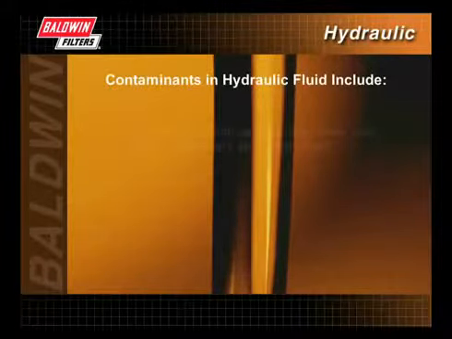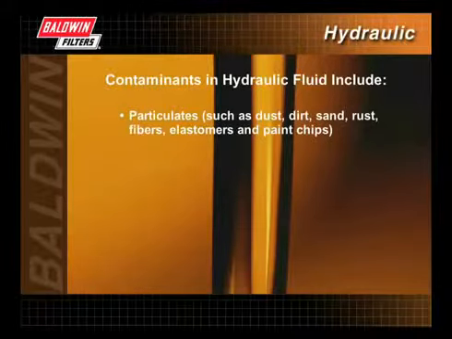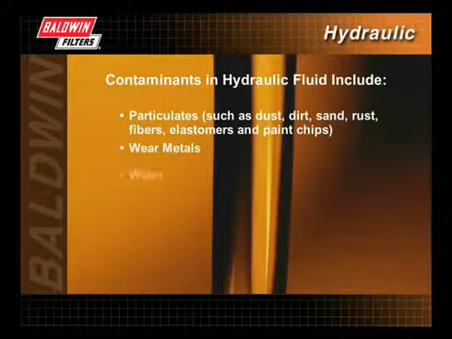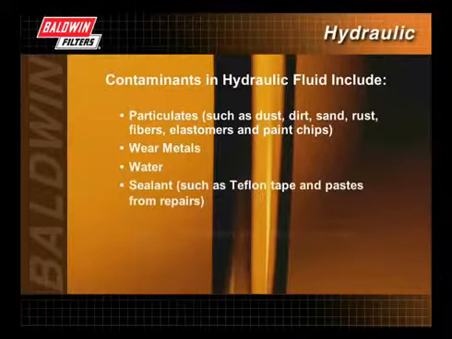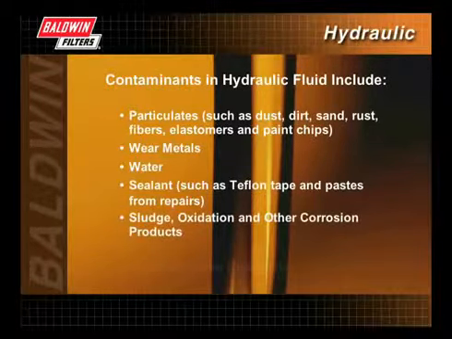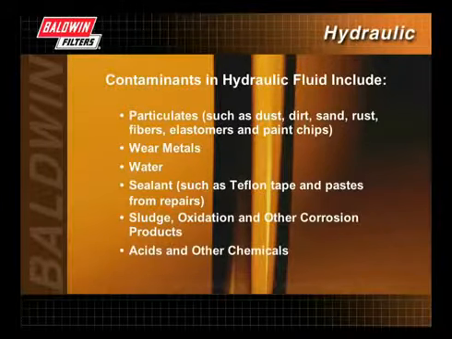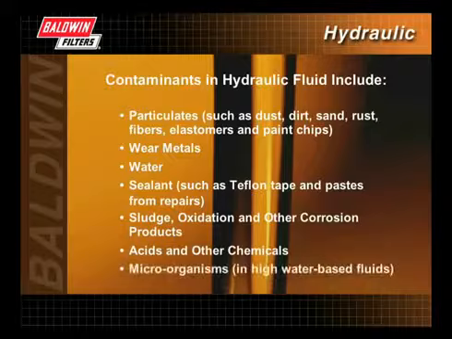Contaminants in hydraulic fluid include particulates, such as dust, dirt, sand, rust, fibers, elastomers, and paint chips, wear metals, water, sealant, such as Teflon tape and paste from repairs, sludge, oxidation and other corrosion products, acids and other chemicals, and microorganisms in high water-based fluids.